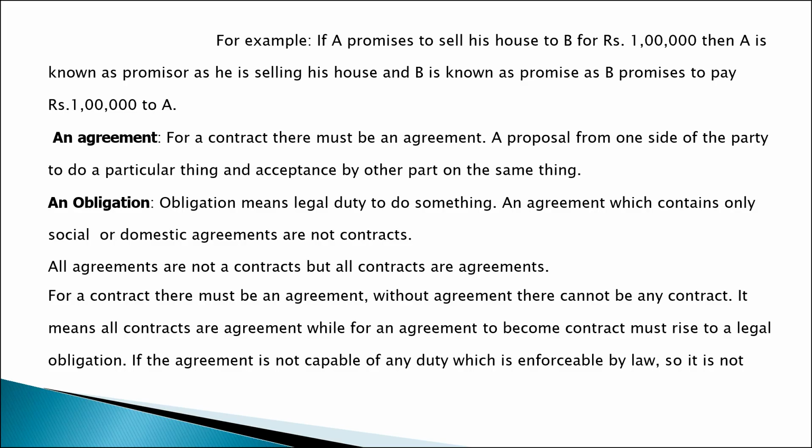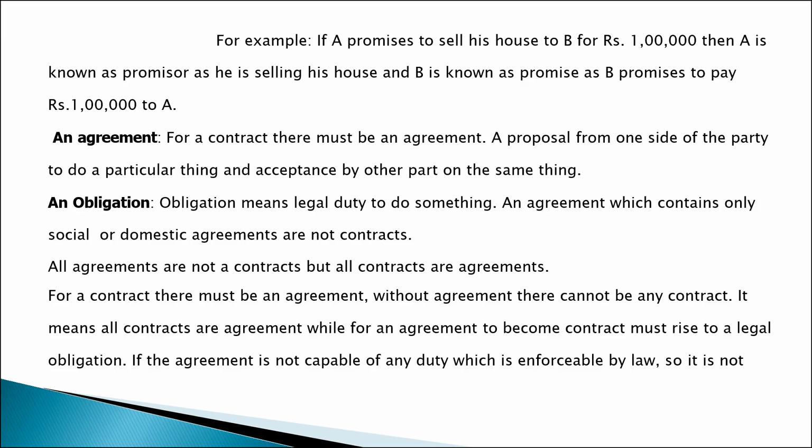Next is an agreement. For a contract, there must be an agreement: a proposal from one party to do a particular thing, and acceptance by the other party on the same thing. Next, obligation. Obligation means a legal duty to do something, and agreements which are only social or domestic are not contracts.